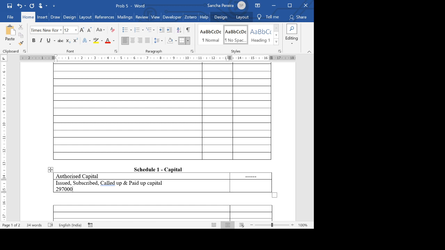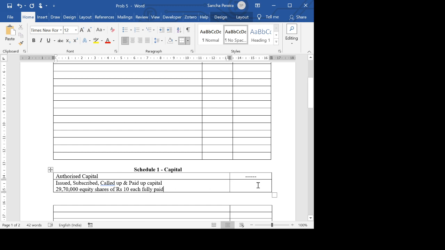These are shares, that's why I'm not removing the zeros here. 29 lakhs 70,000 shares. Be careful of the zeros. This is not in rupees. 29 lakhs 70,000 equity shares of rupees 10 each, fully paid.